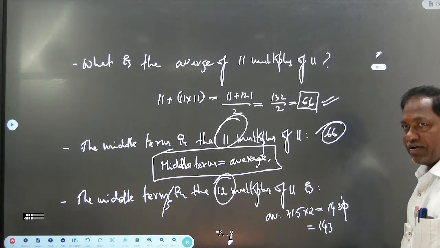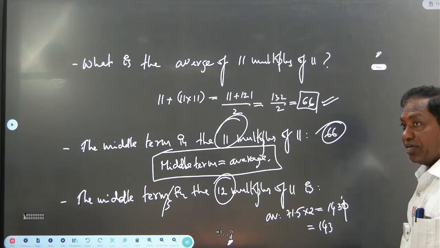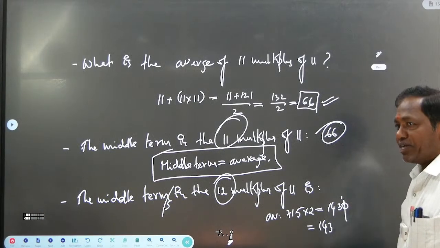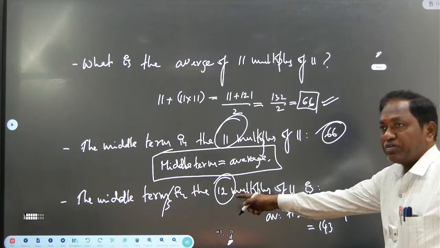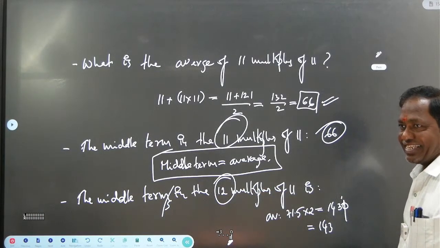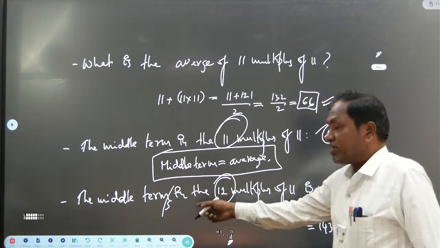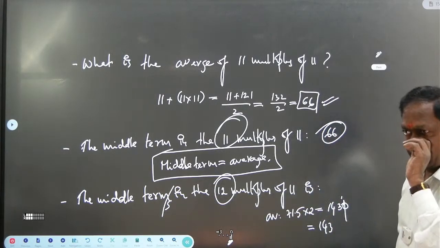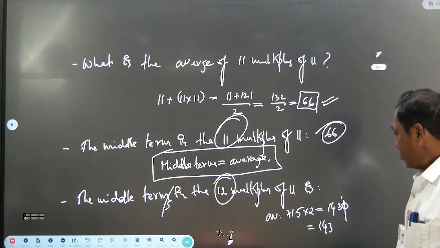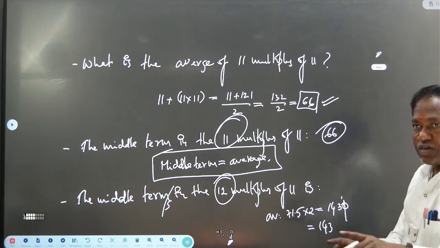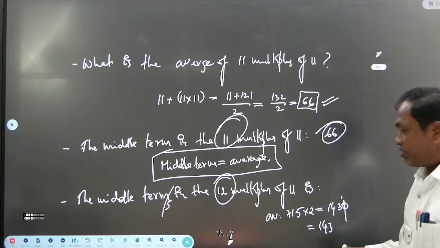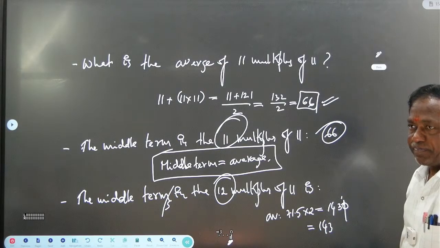Yes, sir. You will have two middle terms. You cannot have one middle term because the number of observations is 12. So there can't be a single middle term. What are those middle terms? 66 and 77, sir. The sum of the two middle terms is equal to 143.